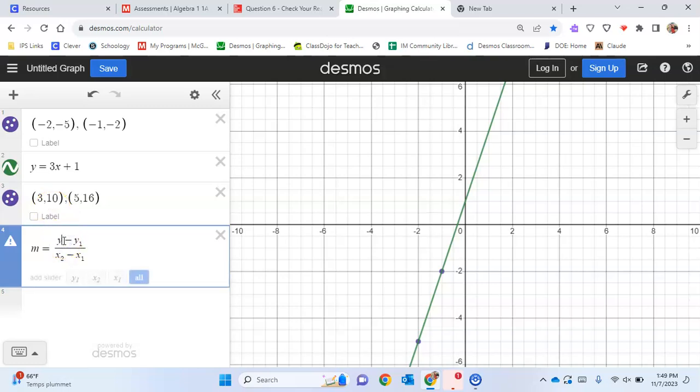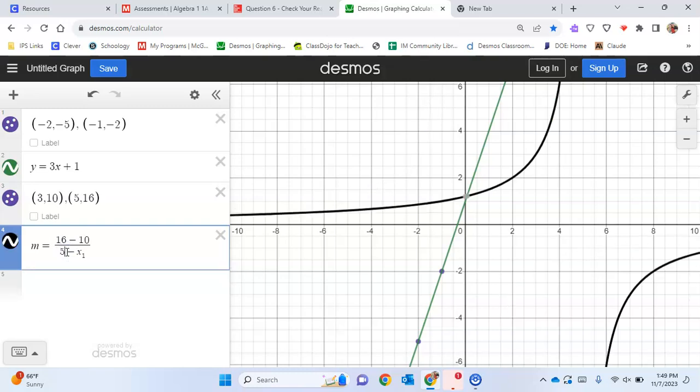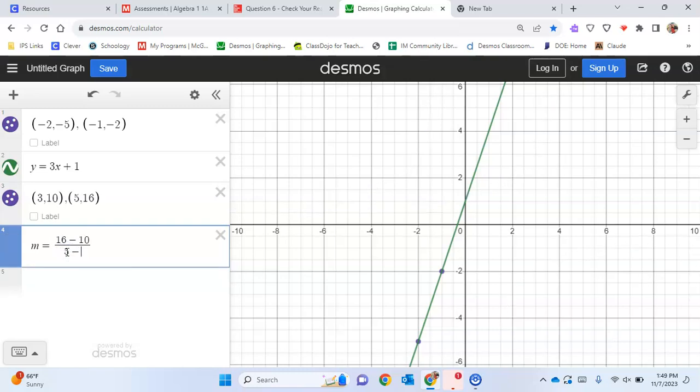So that would be 16 minus 10, which is obviously 6. The second x value is 5, and the first x value is 3. 5 minus 3 is obviously 2, and 6 divided by 2 is 3. The slope is 3.